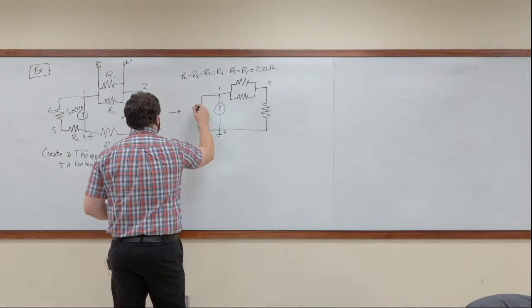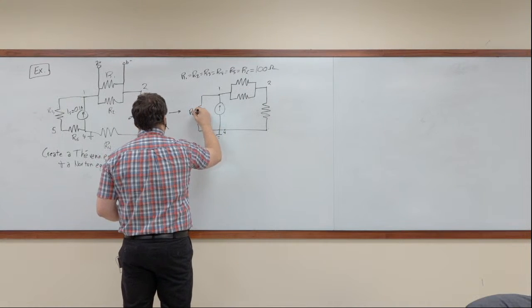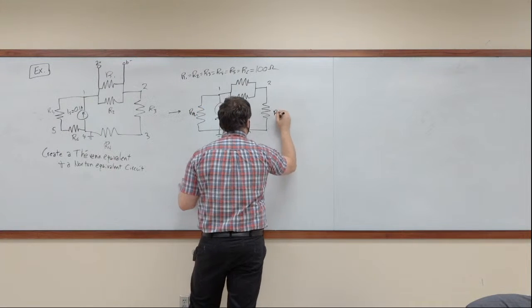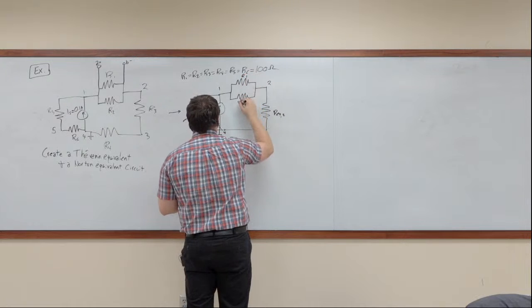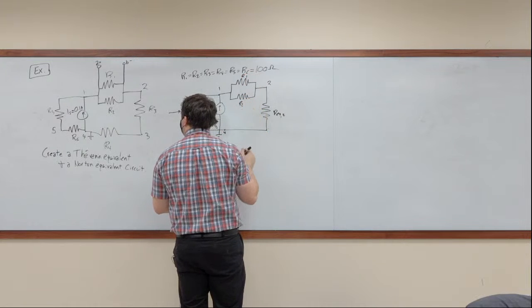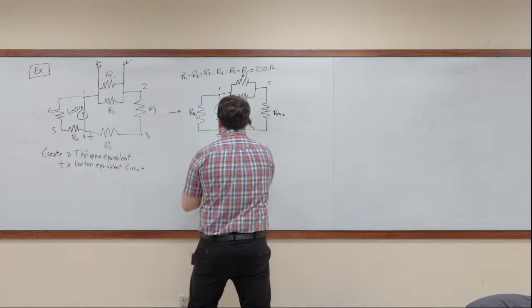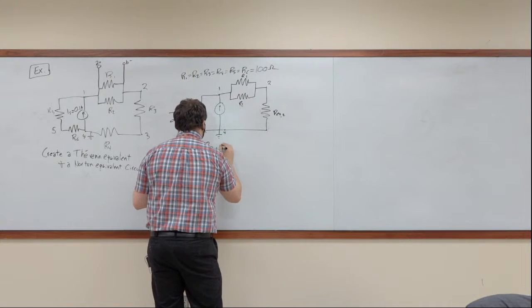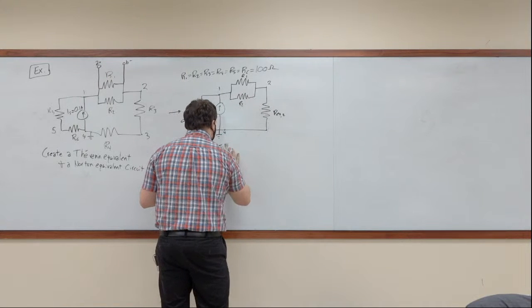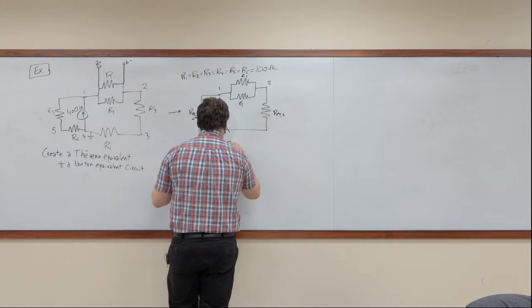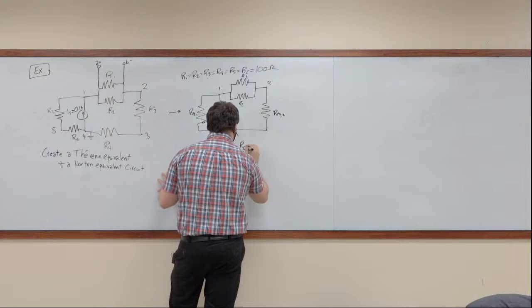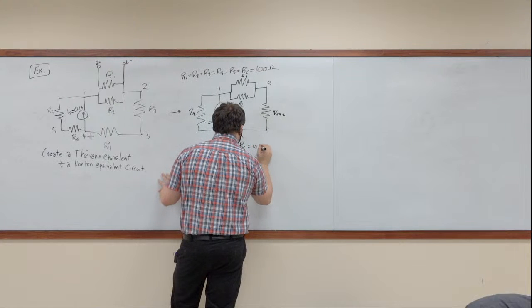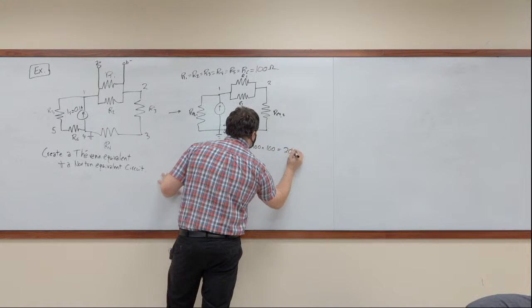All right. So here, this is REQ. We'll call this REQ1. We'll call this REQ2. This is R1, and this is R2. Here we know REQ1 is equal to R5 plus R6, which is equal to 100 plus 100, which is equal to 200 ohms.